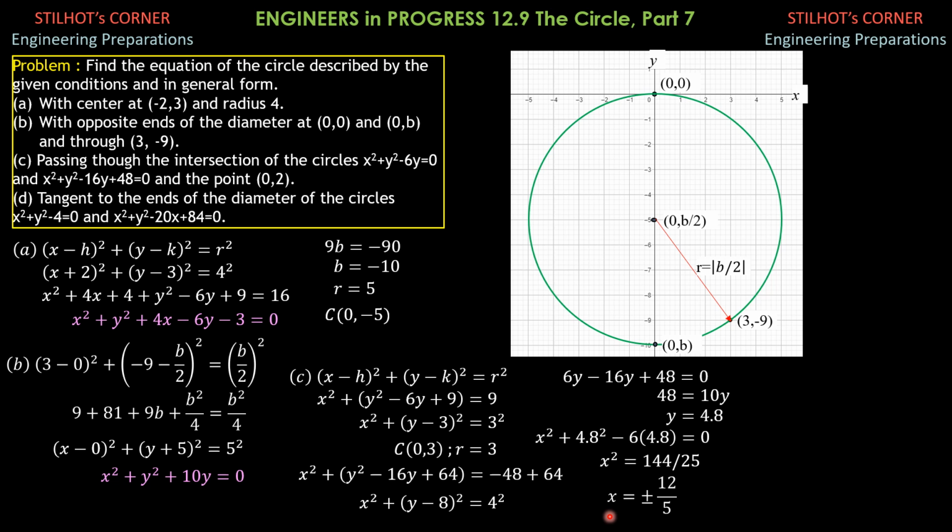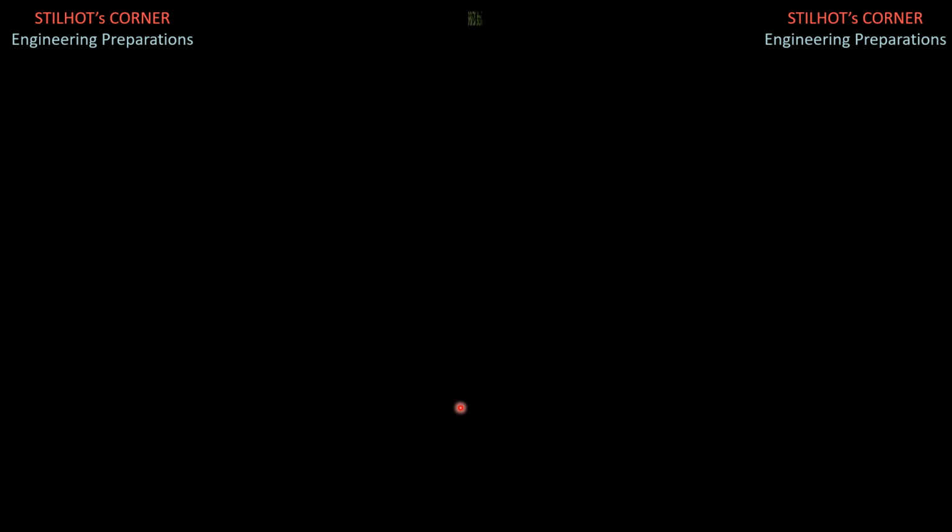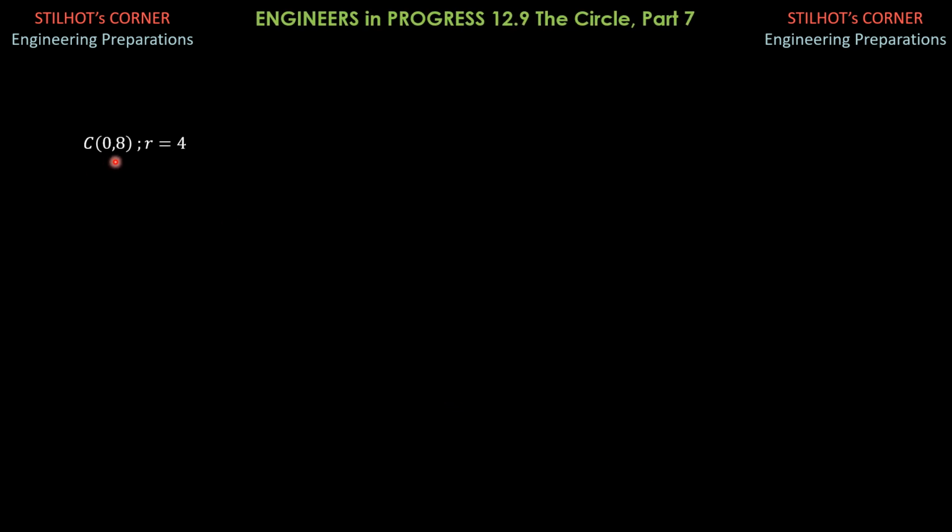So the points of intersection of these two circles are at (12/5, 4.8) and (-12/5, 4.8), and another point on the circle is at (0, 2). So let's have that on the next slide. So this is the continuation. The center is (0, 8) and the radius is 4.